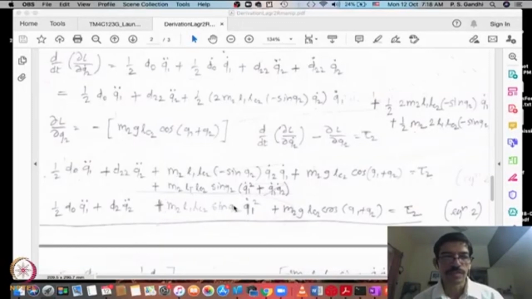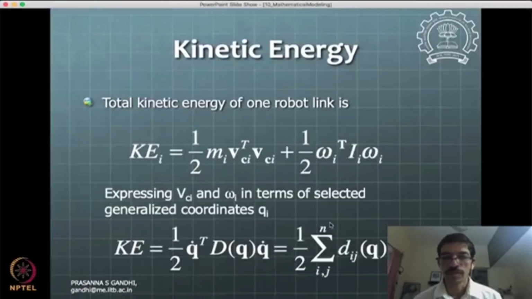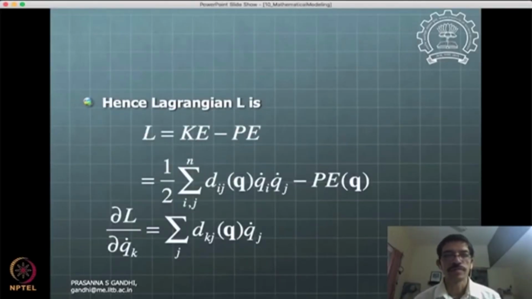So if you take the first term, what we do is see that the potential energy in the system is a function of the q's only, the generalized coordinates or degrees of freedom variables, and not of its derivative, q dot. Q dot is not appearing in the potential energy term. So notice this is important.